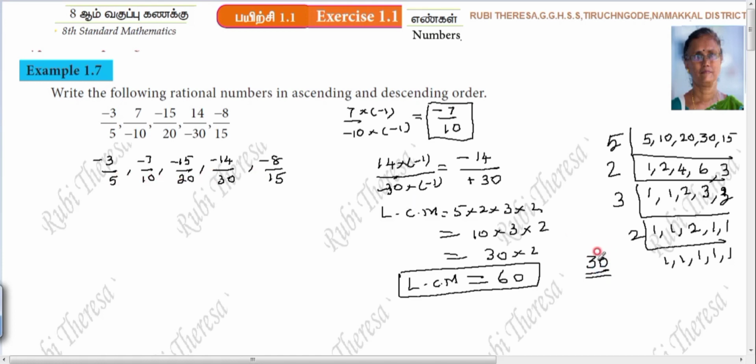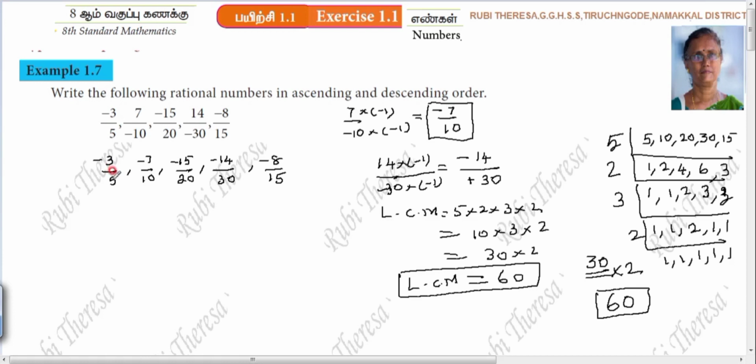The 5 table, 30 is coming. The 10 table also, 3 tens are 30. But with 20, you can't get this 30. So this 30 should be multiplied by 2. What is it? 60. Yes, the 5 table is coming.